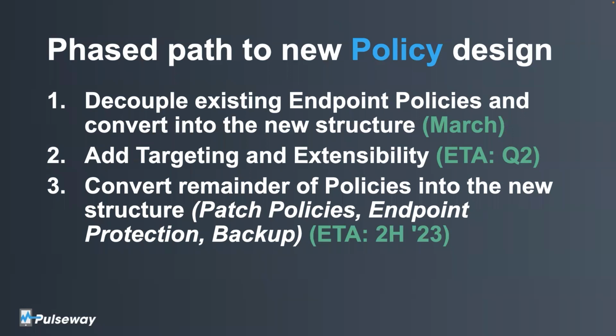So we'll start with endpoint policy, then we will introduce the targeting and extensibility feature so you can get used to the benefits and the power of using that targeting feature. Then when you're comfortable with that, we will introduce the new structure to the other policies, and so you can then immediately start benefiting from the targeting features as well.